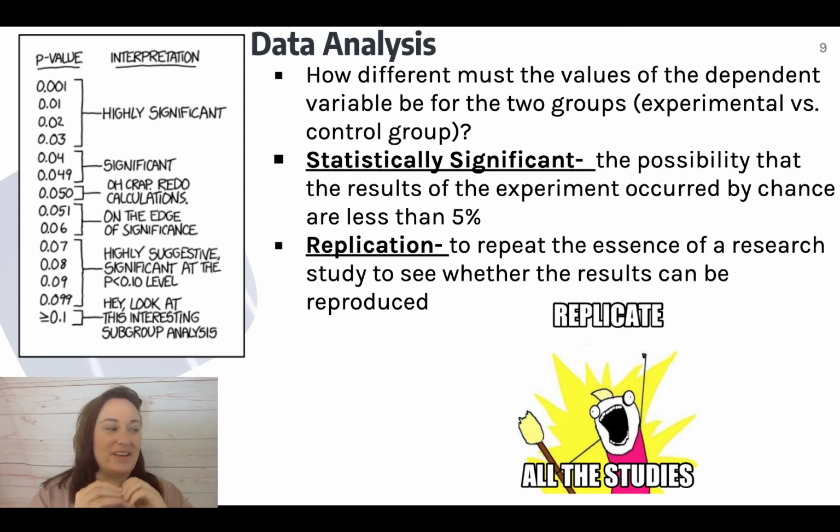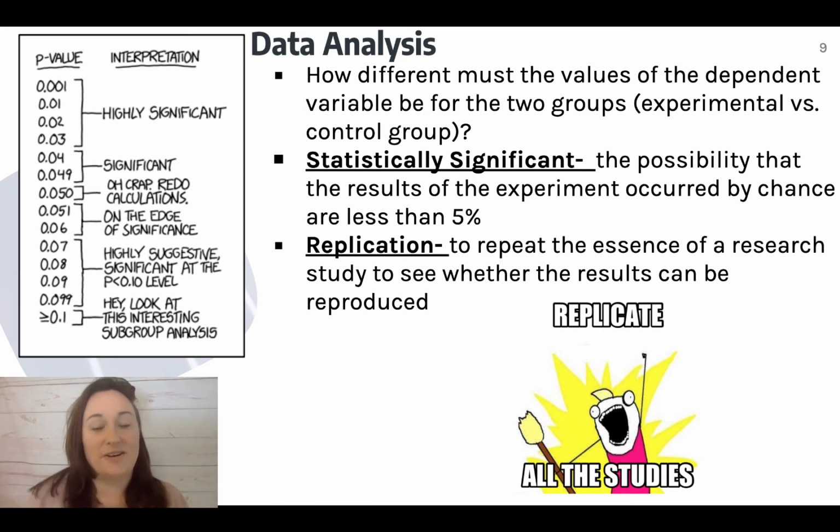But if the data is so strong, and statistically significant means less than a 5% chance that the results are because of chance, like because of some random other factor, that is really a strong statement, and so we say that the results are statistically significant. That basically means the results are really strong, that this might really mean something.